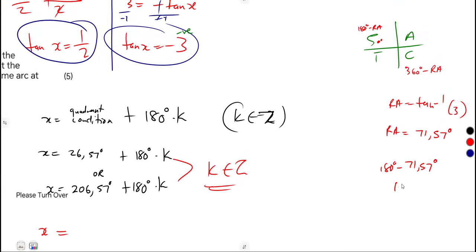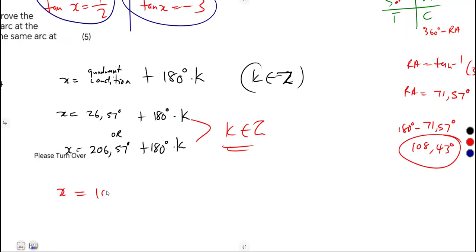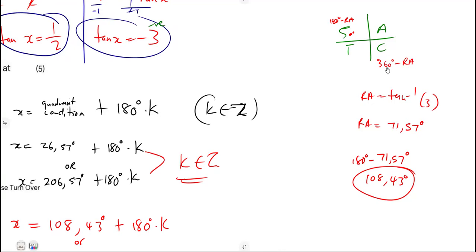71,57. So you have to consider the reference angle for that one, 180 minus reference angle. So it's going to be 108,43 plus 180 degrees times k. Or your x is going to be in another quadrant where tan is negative, the fourth quadrant, 360 minus the reference angle.